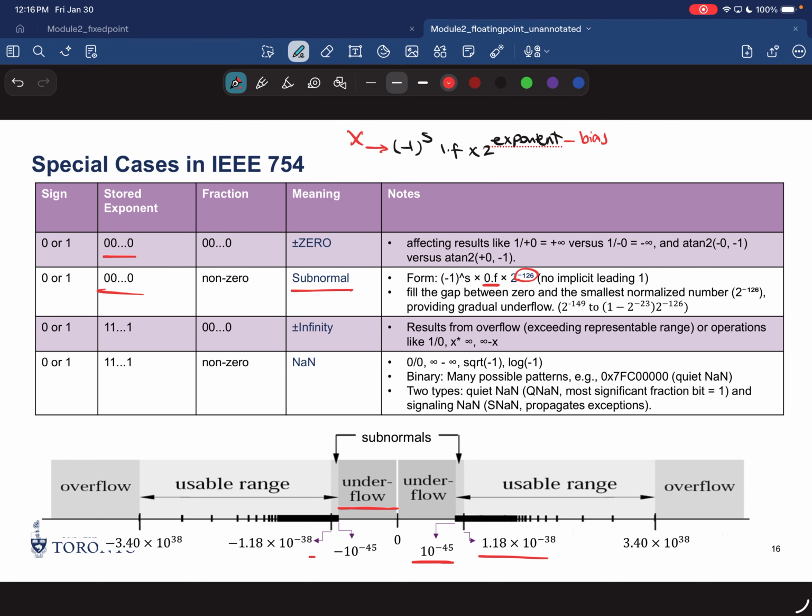Then we have infinity when all the exponent bits are 1 and the fraction is 0. If the exponent is 1 all the way and the fraction is non-zero, then that's NaN, meaning not a valid answer or something like that. Okay?